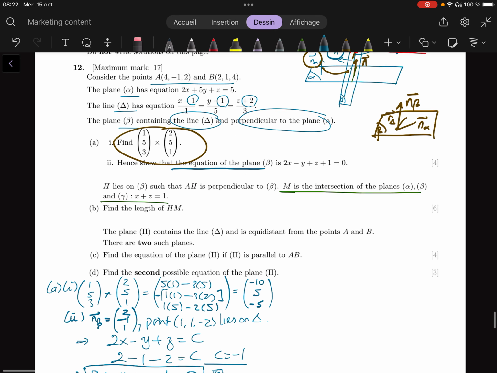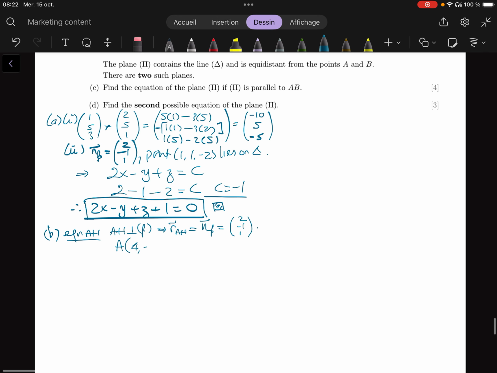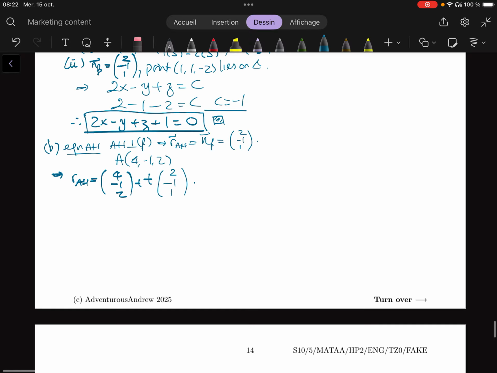We also know that the line passes through point A with coordinates 4, -1, and 2. Therefore, the equation of AH is going to be (4, -1, 2) plus t times (2, -1, 1).